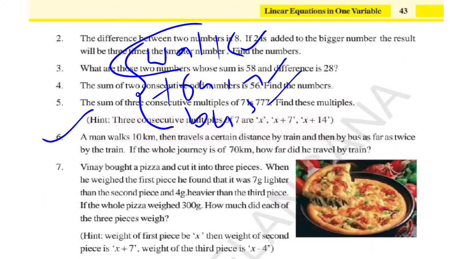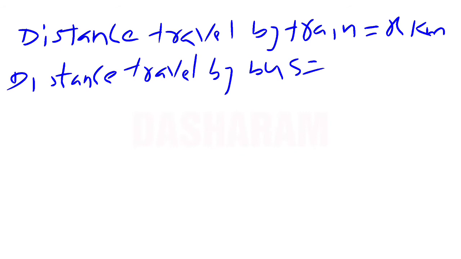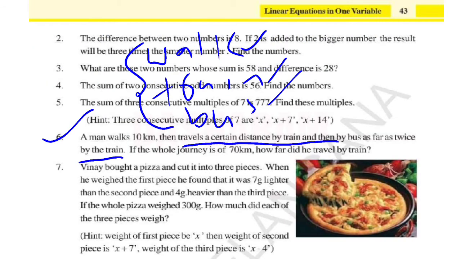By walk it is given very clearly, that is 10 kilometers, but by the train and by the bus he did not give. But here he travels a certain distance by the train and then by bus as far as twice by the train. So let's take the distance traveled by the train equals x kilometers. Next, distance traveled by the bus is twice by the train.